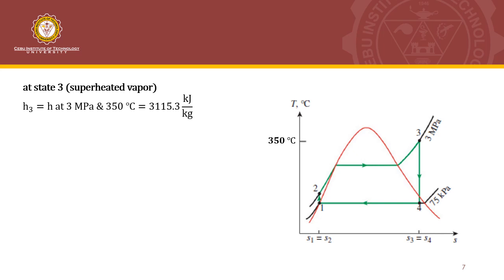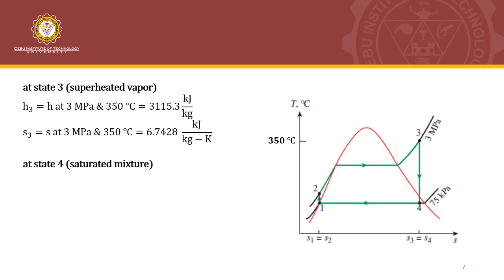By going to that table, we can get H3 as the enthalpy at 3 megapascal and 350 degrees Celsius, and that is 3115.3 kilojoules per kilogram. The same way, we can also get the value of entropy from the superheated vapor table in the steam table. So we have S3, or the entropy at point 3, as 6.7428 kilojoules per kilogram Kelvin.